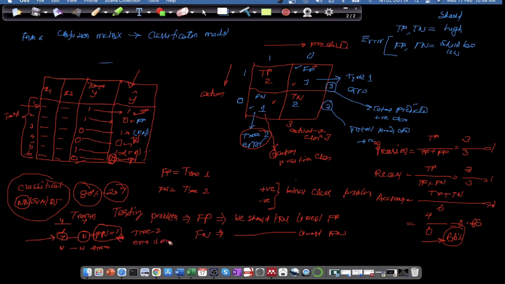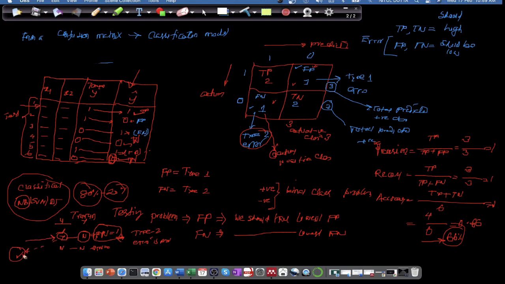But then we have to think: suppose one person has cancer, but he is detected as no cancer. That means he will not be diagnosed as a cancer patient and he will be relieved. If it happens, after a few days the patient may die. It is very severe for the patient because the patient will not get any treatment.